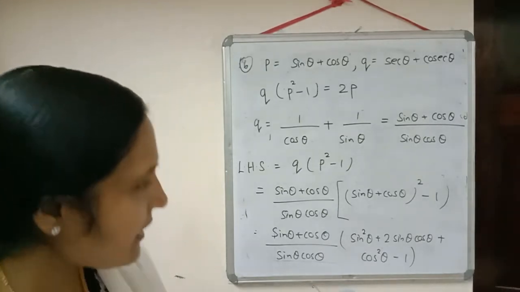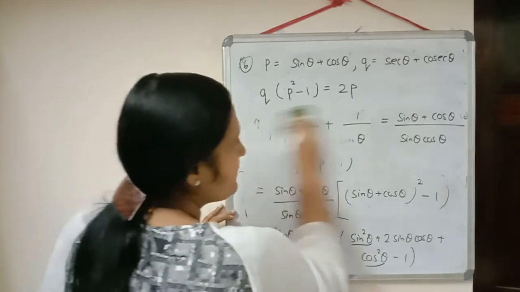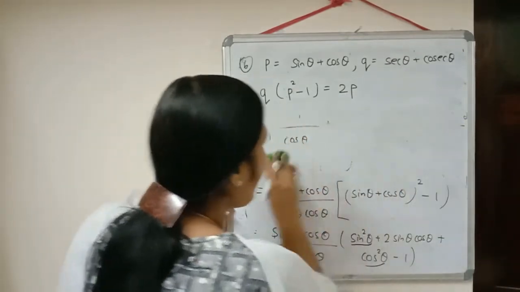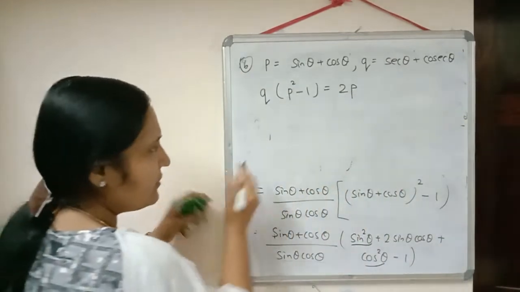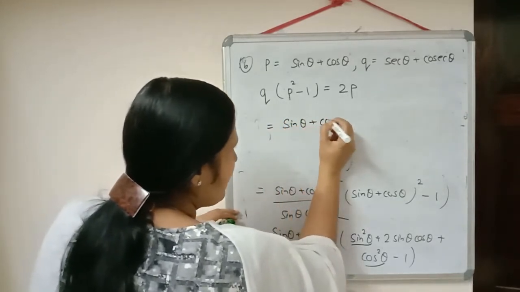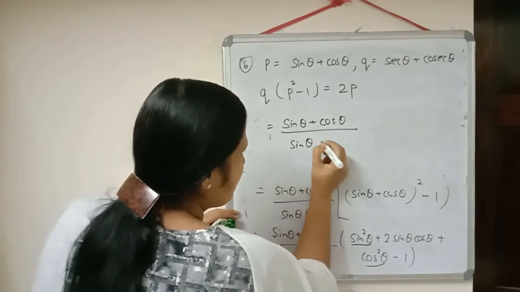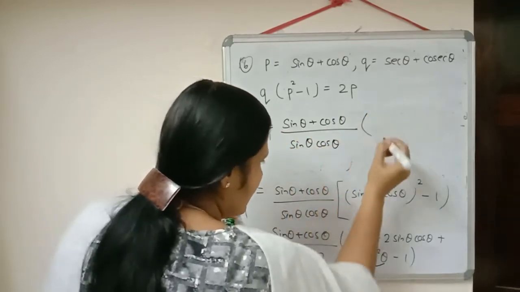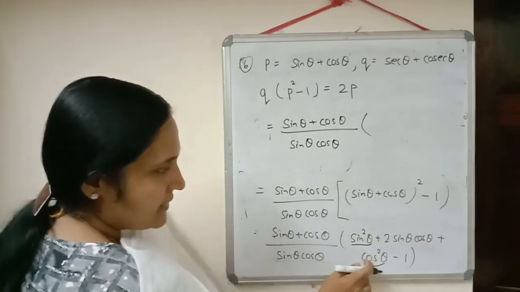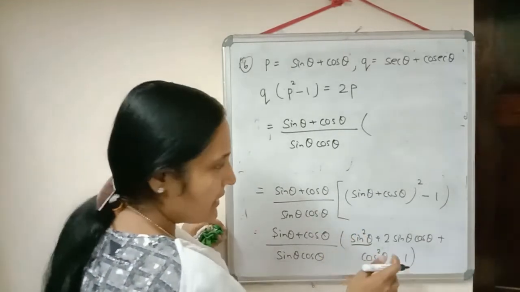Sin square theta plus cos square theta can be written as 1. In rest all the expression, no change there. Just write down as it is. Sin theta plus cos theta by sin theta into cos theta. Then here inside the bracket, sin square theta plus cos square theta is 1. So 1 and minus 1 will get cancelled.